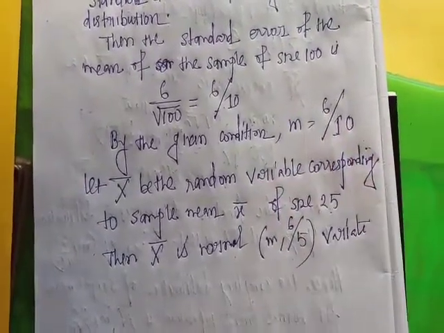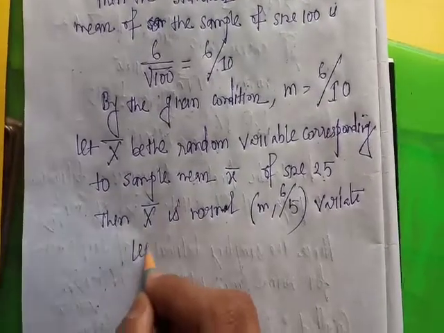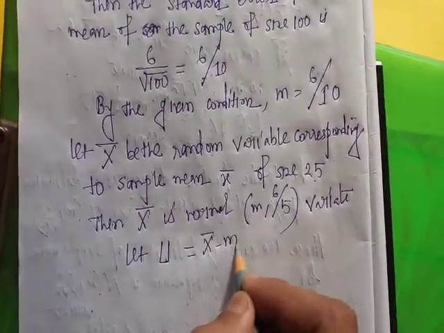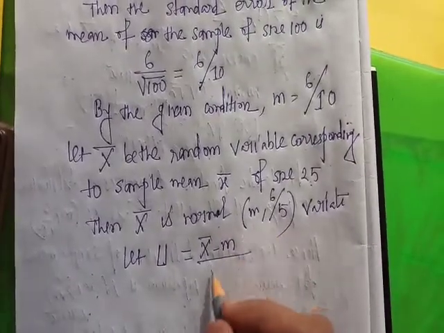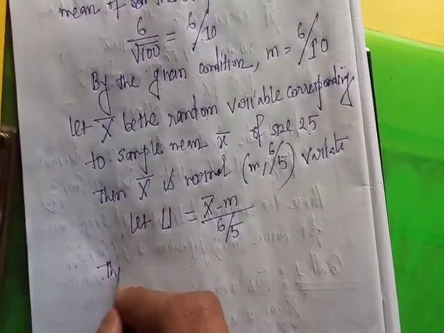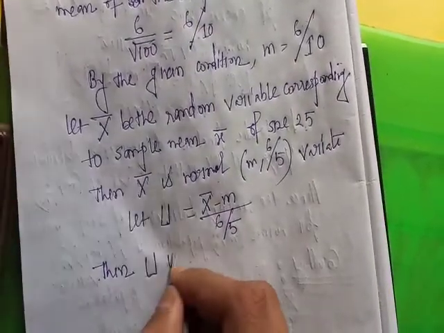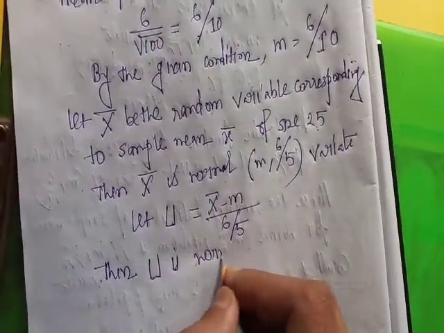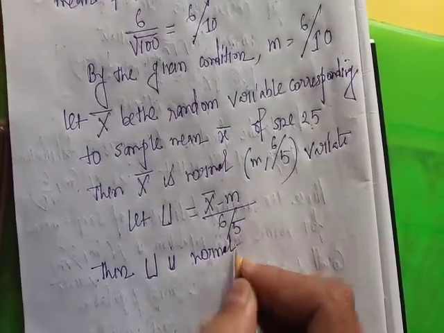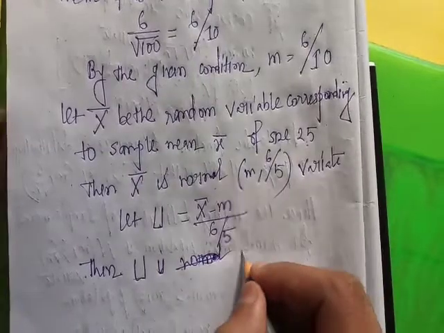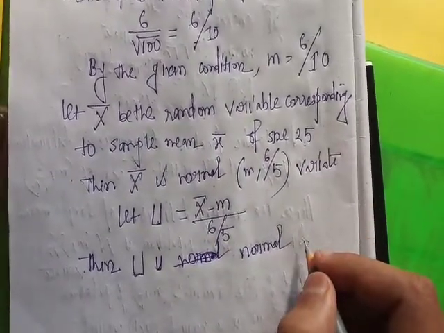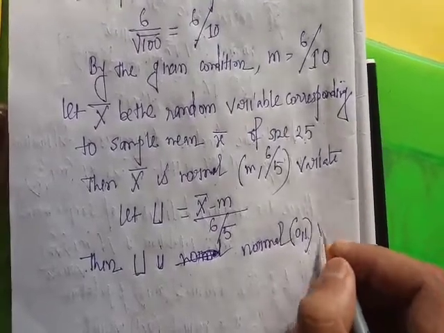Let capital U equal to x bar minus m by sigma by 5. Then capital U is normal 0 1 variate.